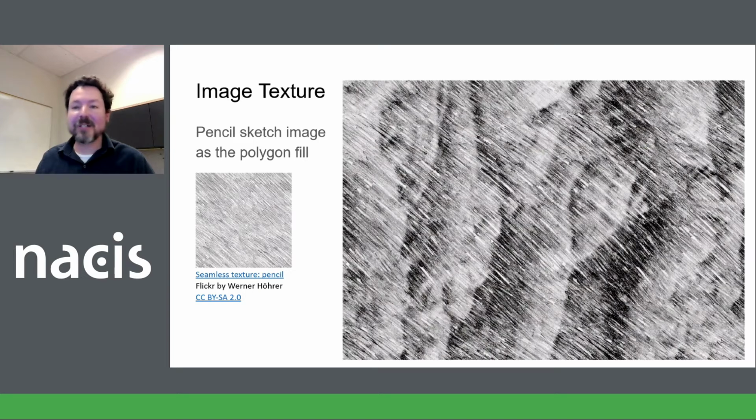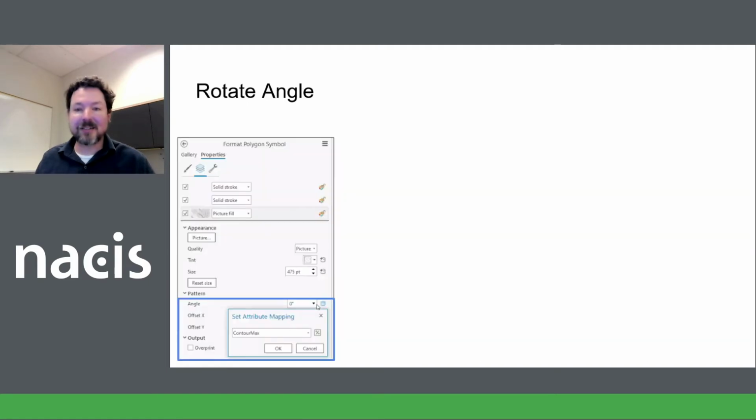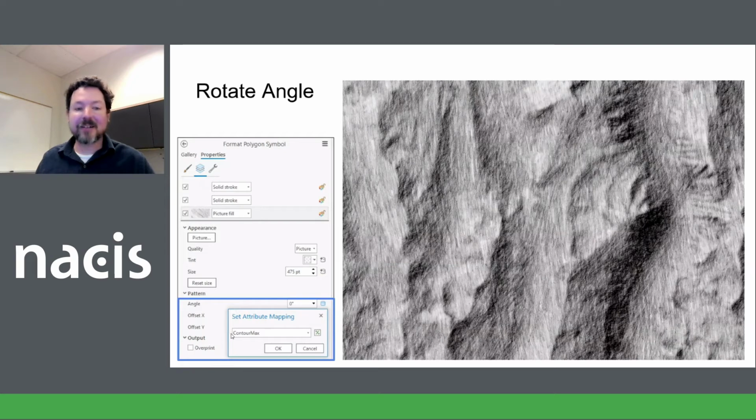And so there's a few additional components that we can adjust to start developing our image. Right now, all these polygons are stacked exactly on top of each other. So to get some cross-hatching, we need to rotate those polygons so that they start having different areas of overlap. So with our attributes in ArcGIS, we can set a rotation, and I'm just using the contour field, indicating these different angles that we can just range from 0 to 360 perhaps.